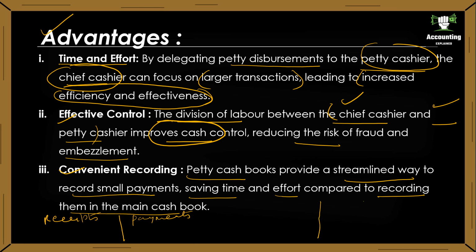It will be divided into columns where various expenses are recorded, like we saw now, conveyance, postage, staff welfare, etc. So it is divided in a columnar way, and it is very easy to record, and it is recorded in a streamlined way so that it saves time and effort, and even the petty cashier will find it very easy to find out the balance of the petty cash book.